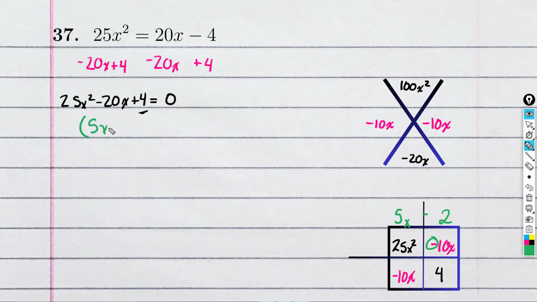So 5x minus 2. Now looking at that first row, 25 and negative 10, both divisible by 5. There's an x in both. Negative 10 and 4, both divisible by 2, and then a negative sign is closest.